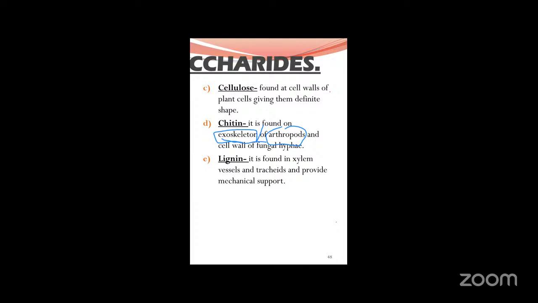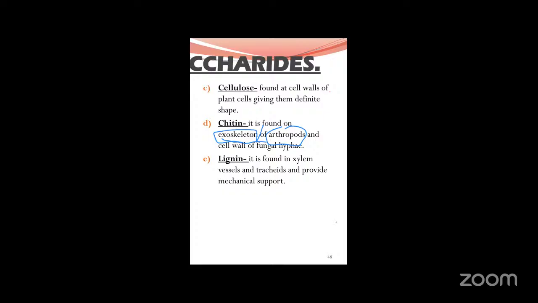I've given you examples of organisms that have exoskeletons. Now, what are arthropods? Arthropods are those organisms whose bodies are mostly segmented. If you look at an insect like a housefly, a bee or maybe a butterfly, you see its abdomen is divided into very many segments.